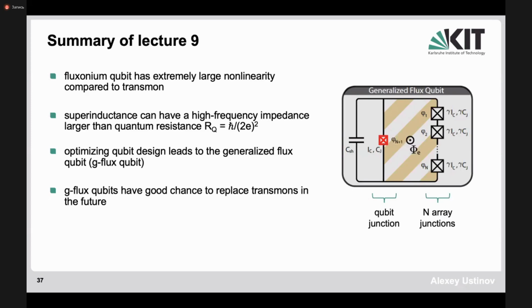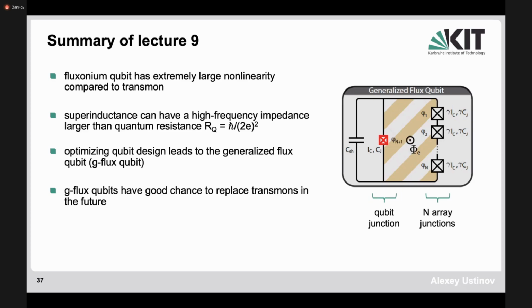Now, the inductance of Fluxonium can have very high impedance at high frequencies, even larger than the quantum resistance at the frequencies of transitions between the energy levels. In this case, it's called superinductance, and it has very interesting physics, which we will not have time to cover completely, but you can look up superinductance on the web and find something interesting to read.